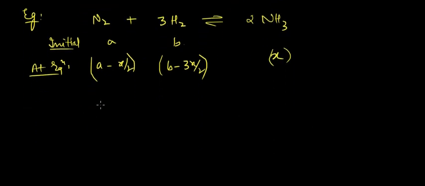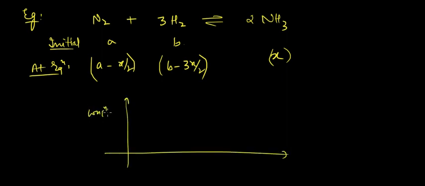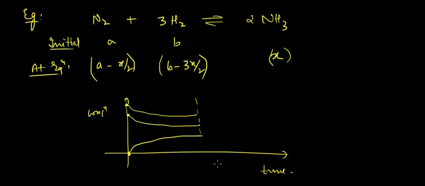So what will the graph at equilibrium look like? Concentration and time. So let's say N2 was going from a to a minus x by 2, H2 was going from b to b minus 3x by 2, and NH3 was going from 0 to x. So this is the equilibrium point, t equilibrium.